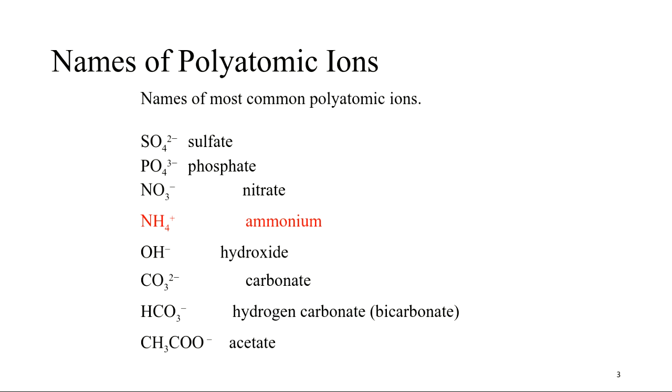Sulfate, SO4 2 minus; phosphate, PO4 3 minus; nitrate, NO3 1 minus; ammonium, and take care that its charge is 1 plus; hydroxide 1 minus; CO3 2 minus, carbonate; hydrogen carbonate, HCO3 1 minus; and acetate, CH3COO 1 minus.